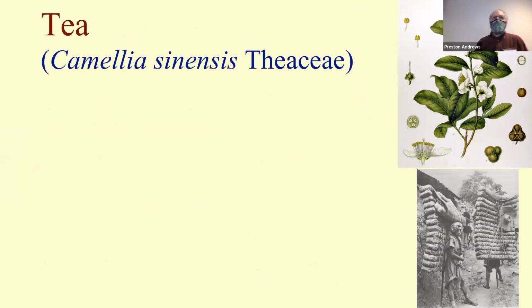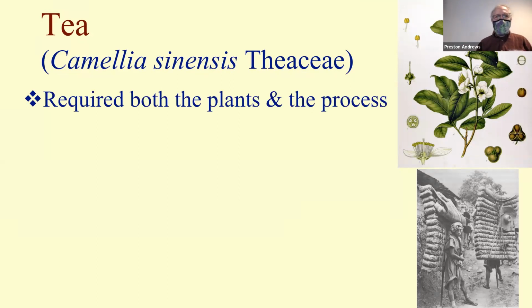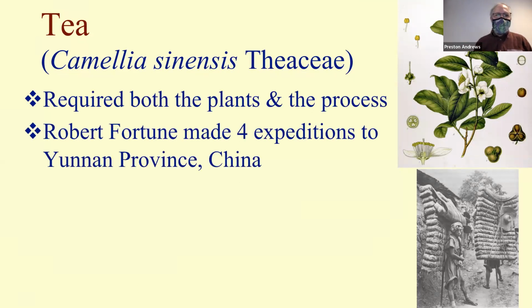Tea. Okay, we all love to have our morning tea, Camellia sinensis. This one's an interesting one too, because not only do you need the plants, but you need to know how to process the leaves. You have to know how to dry and ferment them. So it required both the plant and the process. And Robert Fortune, another Brit, made 4 expeditions to Yunnan province, where COVID came from. So that's where tea came from too.